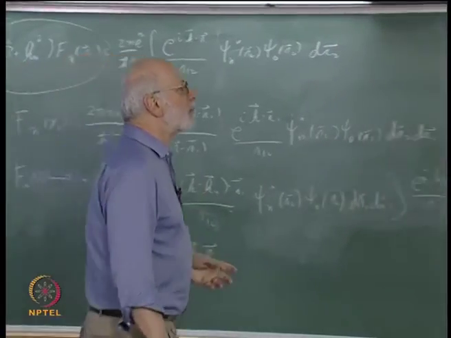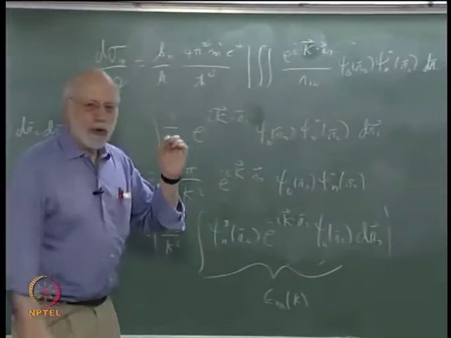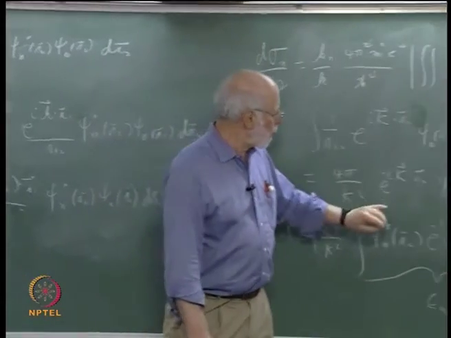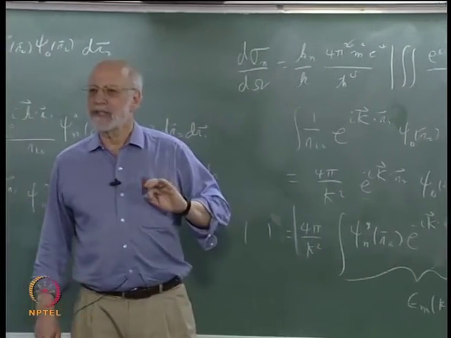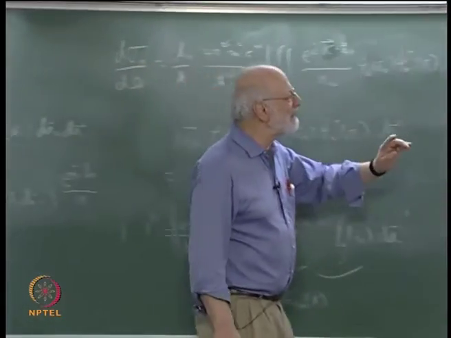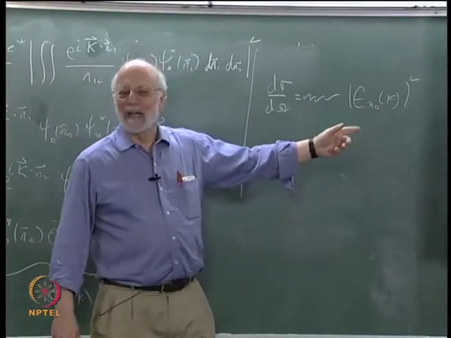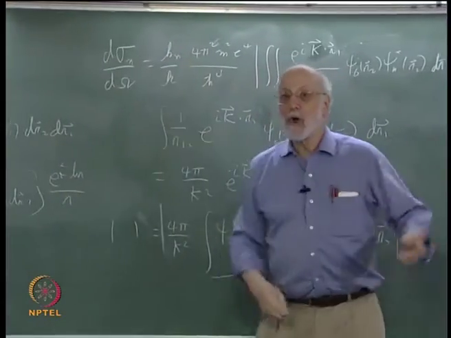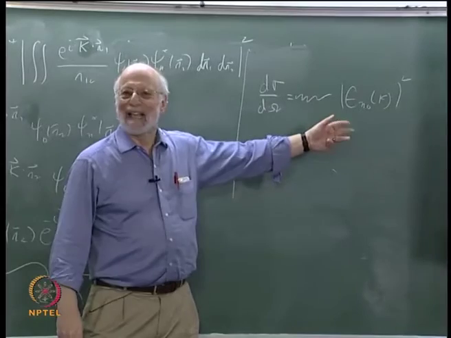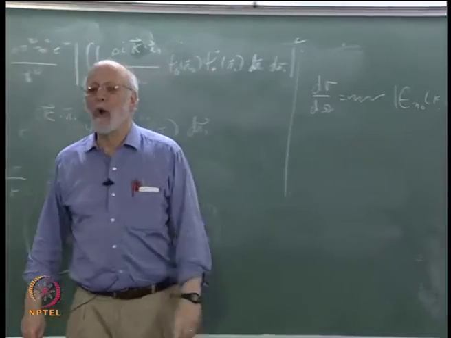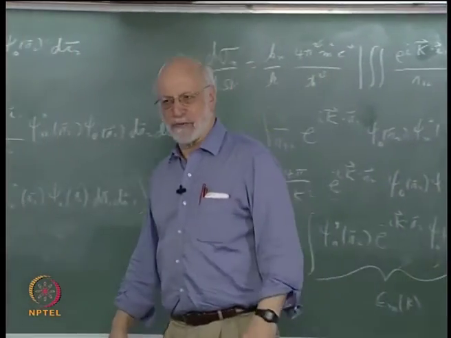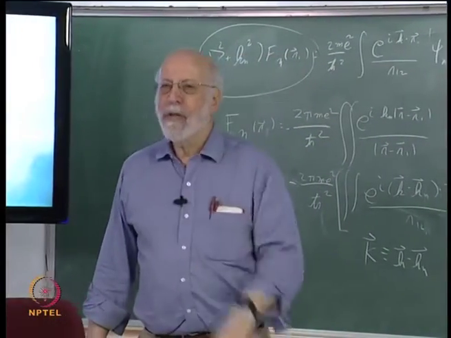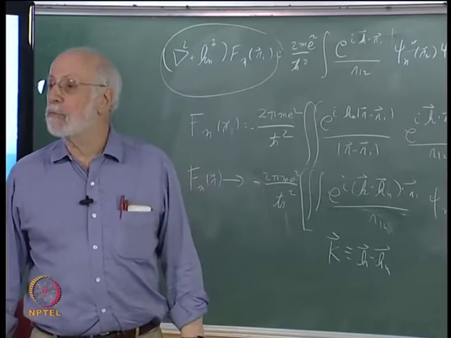There are various properties associated with this, but the crucial thing here is that the cross-section depends only, well, not only, it depends on the incident energy because you have this kn over k here, but aside from that, it depends only on this momentum transfer. This is a characteristic of the Born approximation.